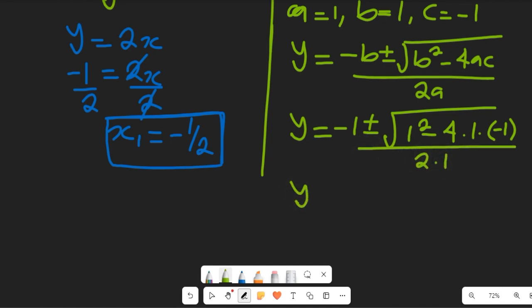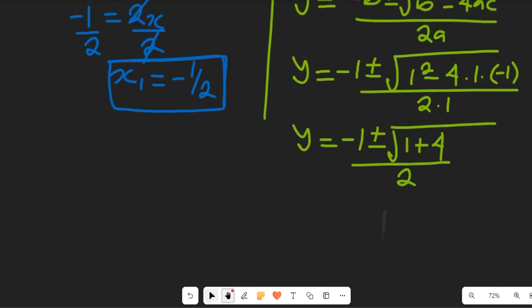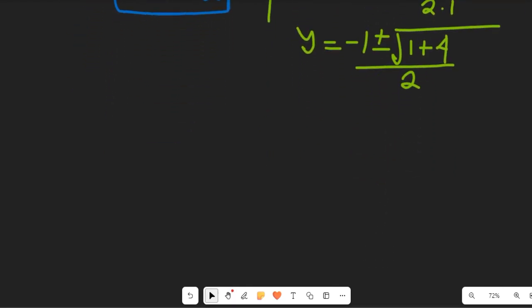The value of our y will be equal to -1 plus or minus the square root of 1 minus, times minus is going to give us plus, 4 times 1 is 4, and all these will be divided by 2. Great. Now let's look at how we simplify this.